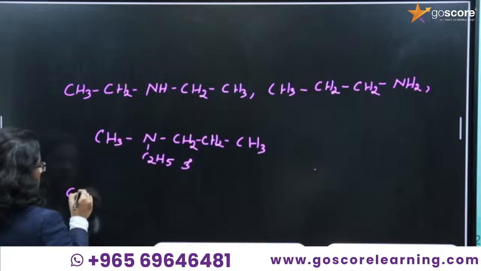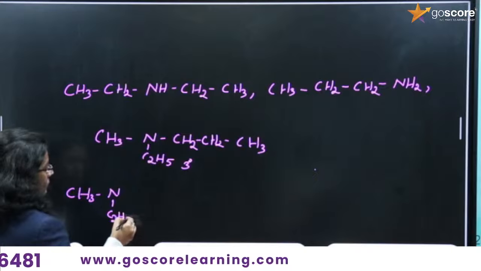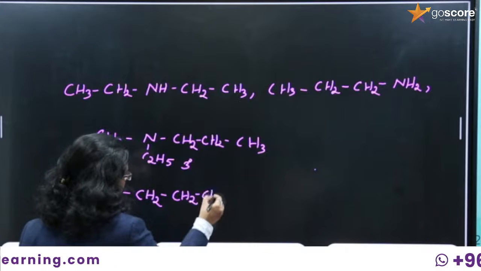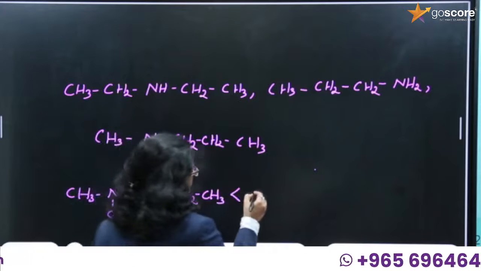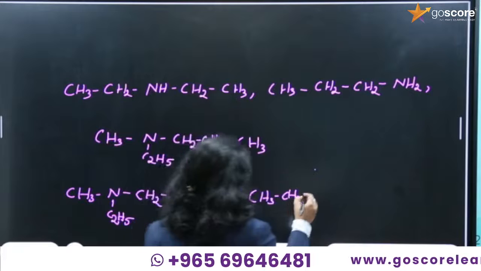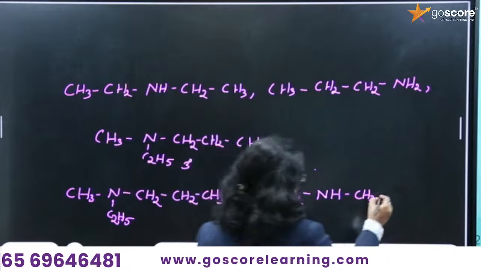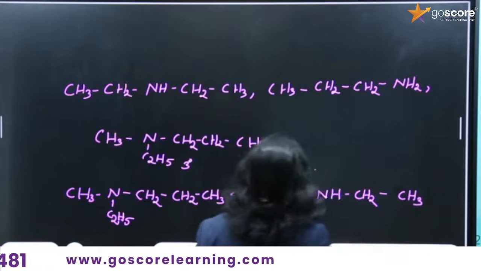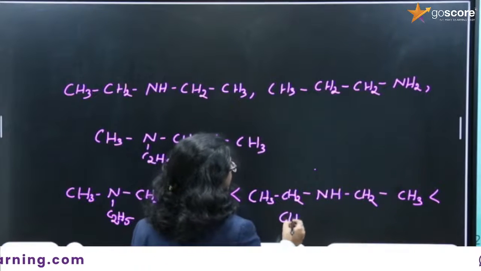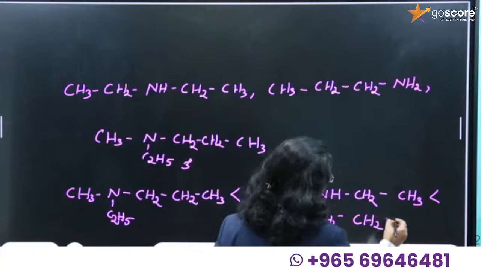So I will write here CH3N(C2H5)CH2CH2CH3, then CH3CH2NHCH2CH3, okay. Then the next one will be CH3CH2CH2NH2.